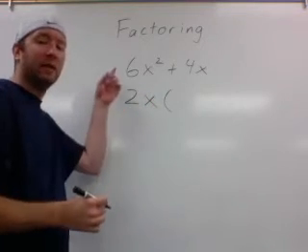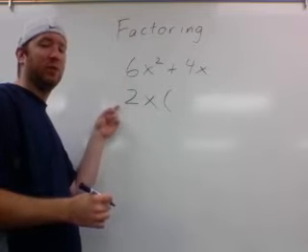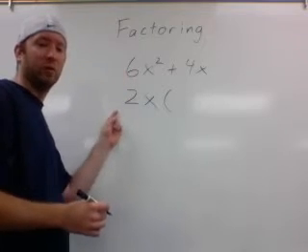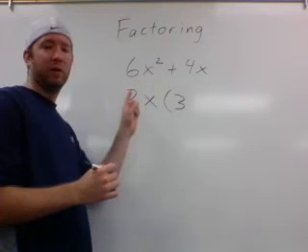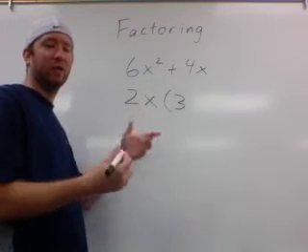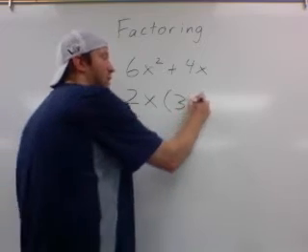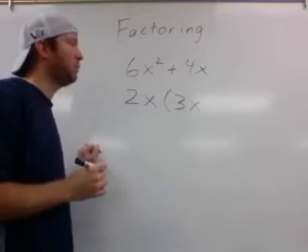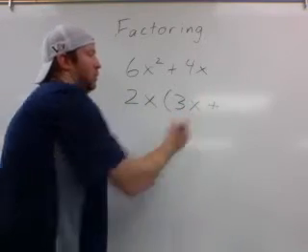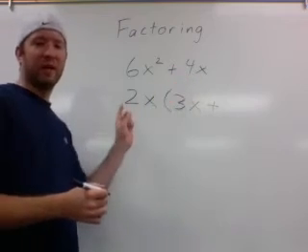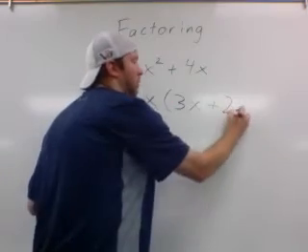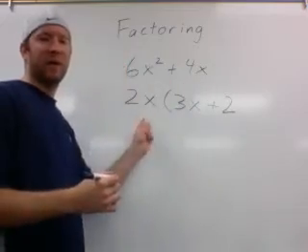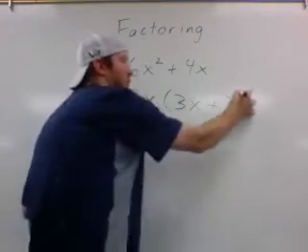Again, when I divide, 6x squared divided by 2x, 6 divided by 2 is 3. X squared divided by x, I can kind of cancel 1x out. That's going to leave me with an x. Plus 4x divided by 2x, 4 divided by 2 is 2, and x divided by x, the x's cancel.